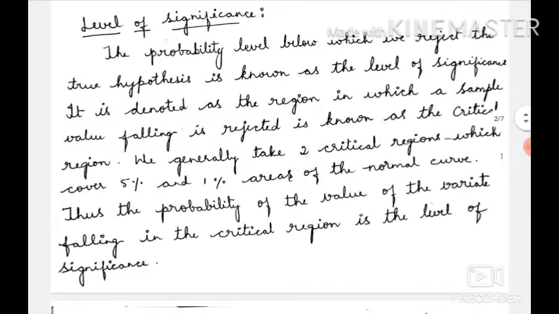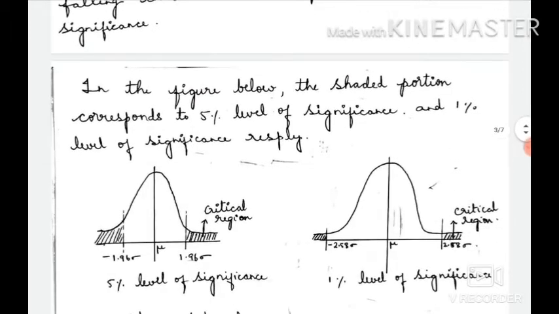If we look into the normal curve, we see that when we say 95% level of confidence in the first case, or 5% level of significance, then 95% of the area under the normal curve is covered by the confidence level, and the remaining 5% becomes the level of unsurety or level of significance, which is also called the critical region.